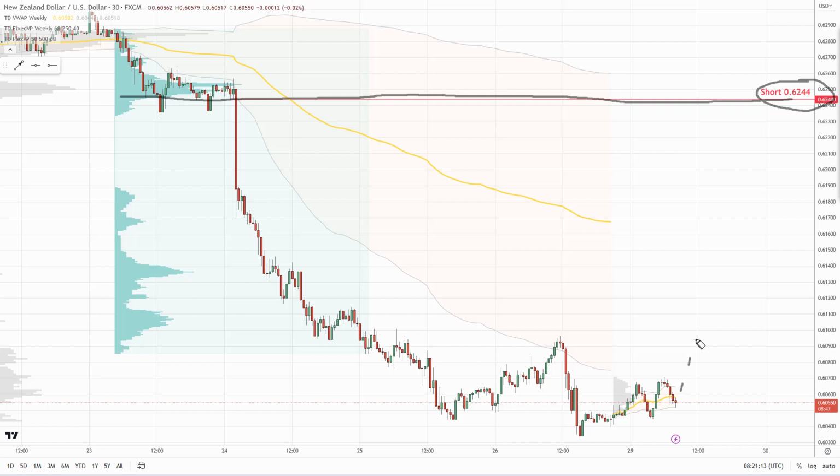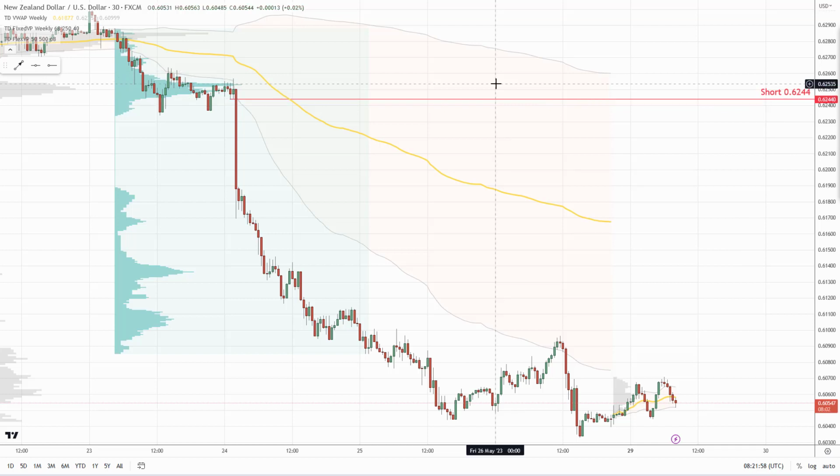If it happens, then chances are the price will react there and go downwards from this zone, as sellers who are accumulating their shorts in here will be defending this zone, which is important for them, and push the price downwards. All right, so that's the volume accumulation setup on the New Zealand dollar US dollar.